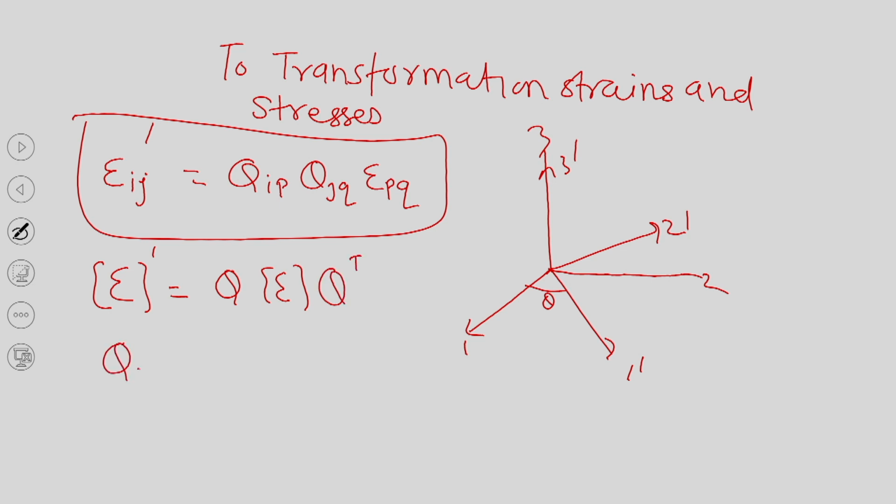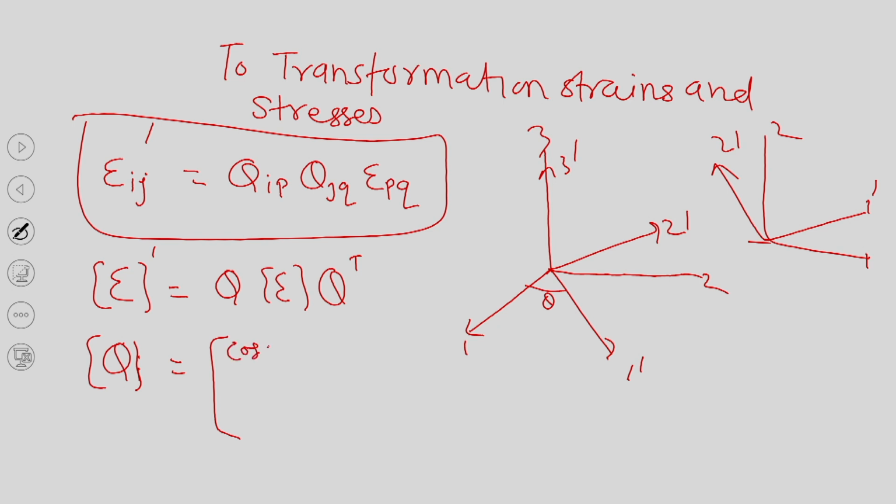So, Q for this case, I have already explained even for 2D, axes 1 and 2, 1 dash and 2 dash. If you are talking about 3D, then the third element about that axis will become 1.